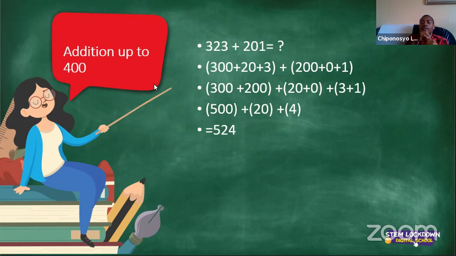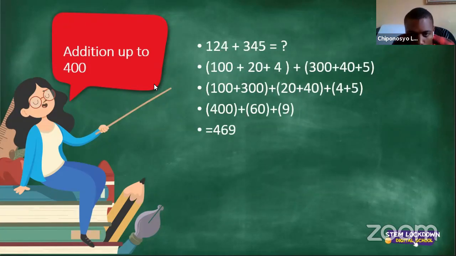The next step wants us to add them according to their place values. So we say 300 plus 200, and then we go to the tens, which is 20 plus 0. Then we go to the ones, which is 3 plus 1. Then we go to the final step. It's going to be 500 plus 20 plus 4 gives us 524.